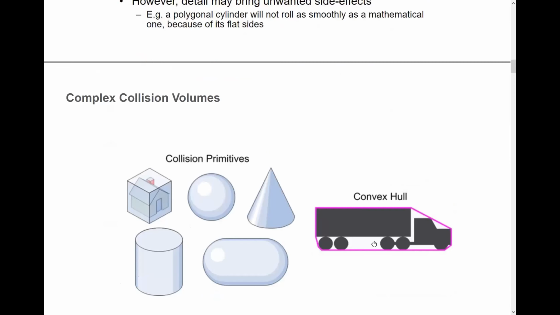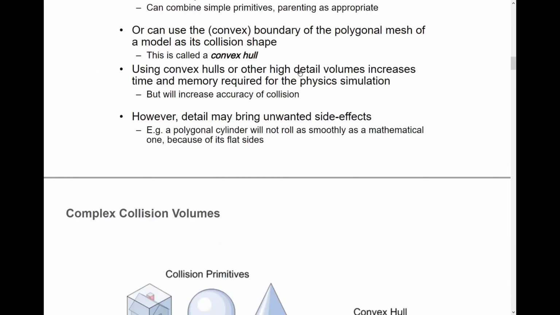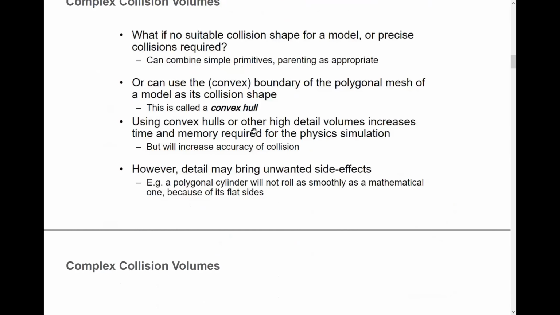We have built the convex hull using these collision primitives. So what's a convex hull? A convex hull is the boundary of a polygonal mesh of the model. How did we build that? We did that using the collision primitives.